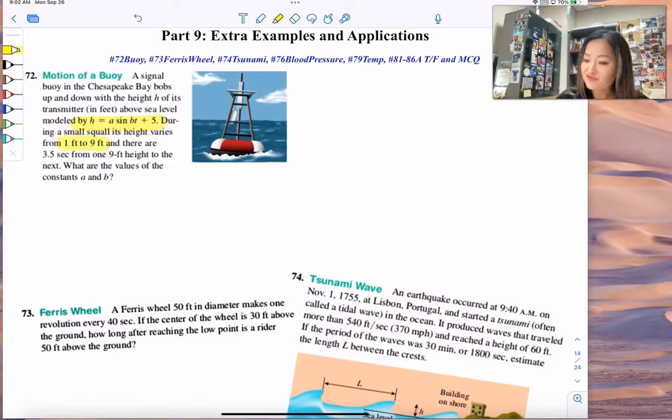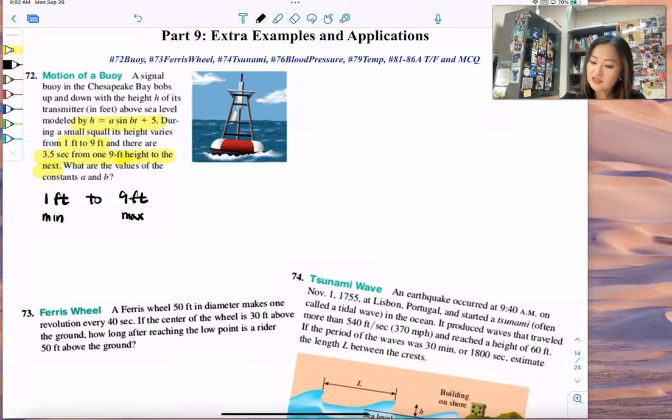And there are 3.5 seconds from one 9-foot height to the next. Wait, what is that trying to tell me? Process all this. So think about that. 1 foot to 9 foot. Oh, that must be the min, right? That's got to be the min. And this has got to be the max, don't you think?